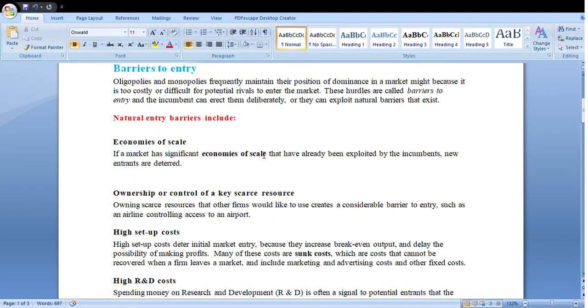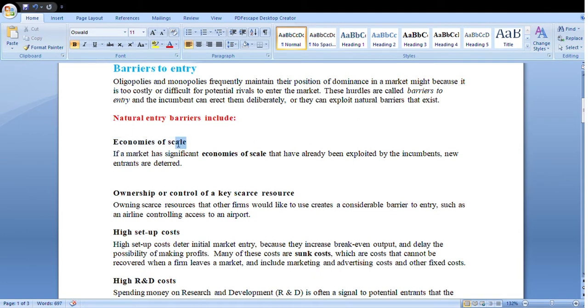So first let's learn about the natural barriers to entry. Economies of scale. For example, Fatima, you know that Samsung is a very large, old company. For many years it has been in the market for mobile handsets. If a new firm wants to enter the market producing mobile handsets, it is difficult at the beginning of production to achieve economies of scale, right, Fatima?